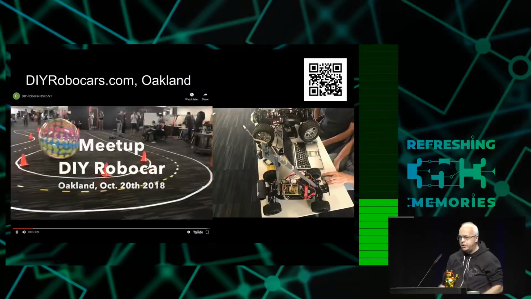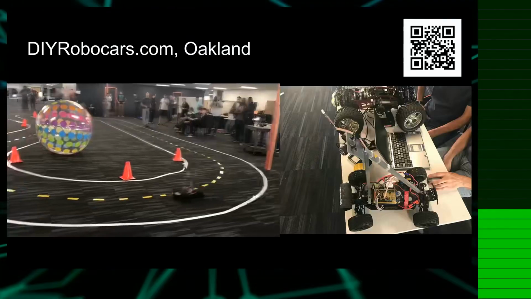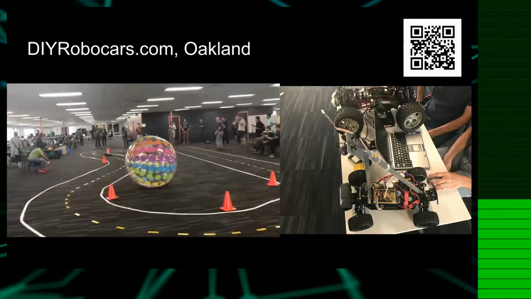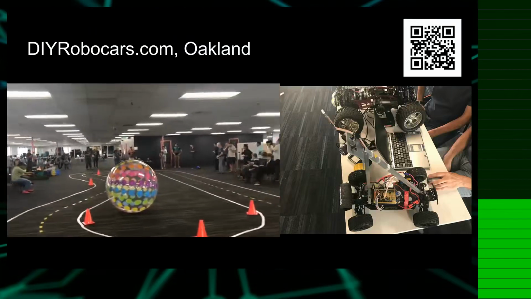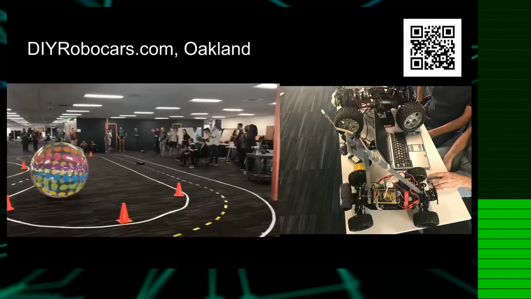And one of the guys started DIY Robocars to bring technology of autonomous driving into the hands of the people. So in a way, we have a similar situation compared to the PC era in 1975, to autonomous driving in 2018.